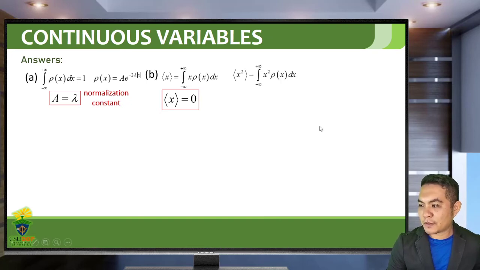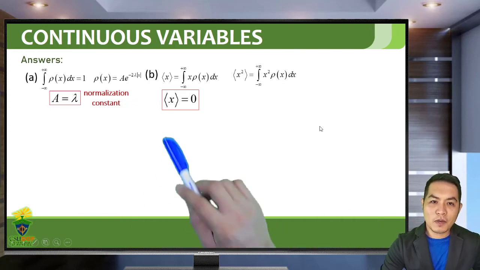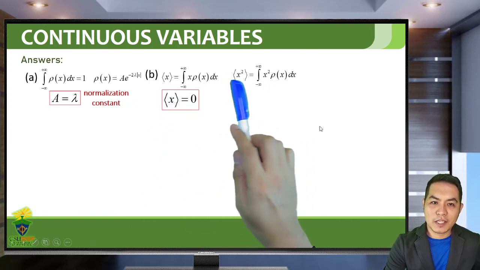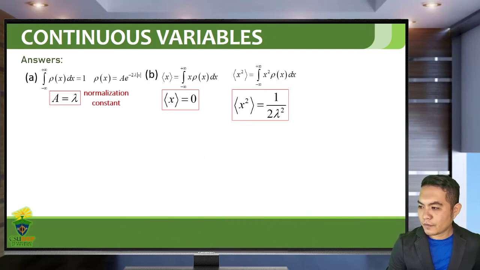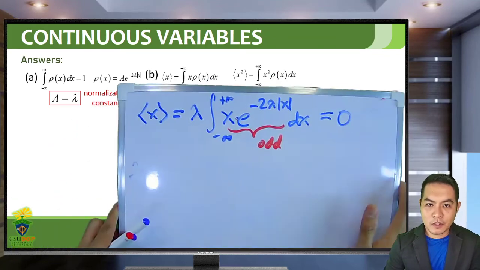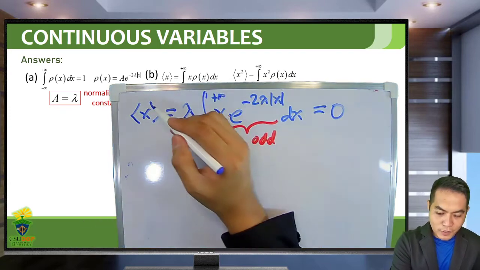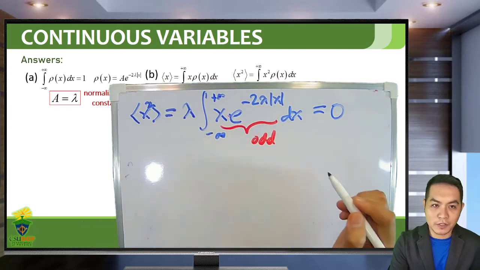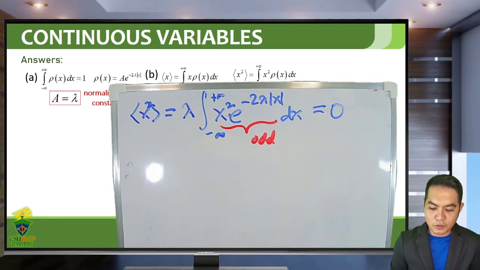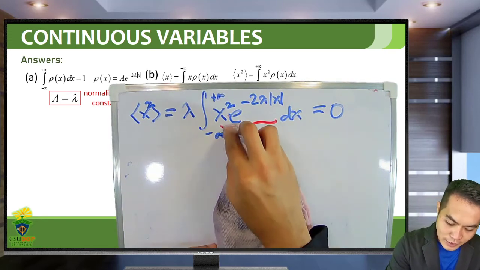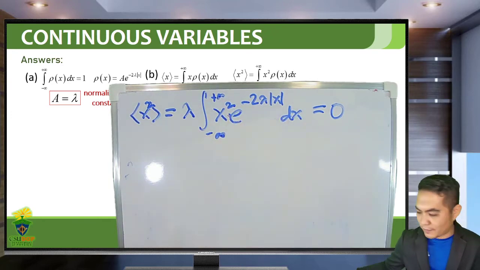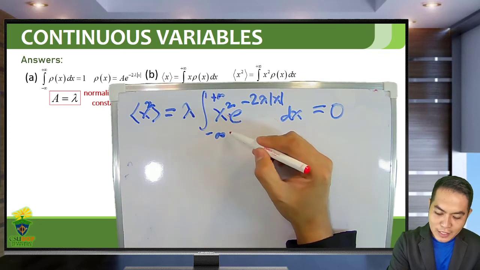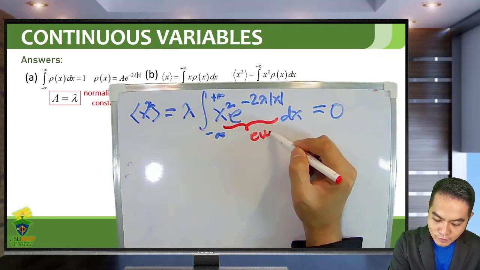For the expectation value of x squared, the formula is similar, but instead of x, you have x squared. In this case, x squared is an even function. e to the negative 2 lambda absolute value of x is even. So even times even, you get an even function.